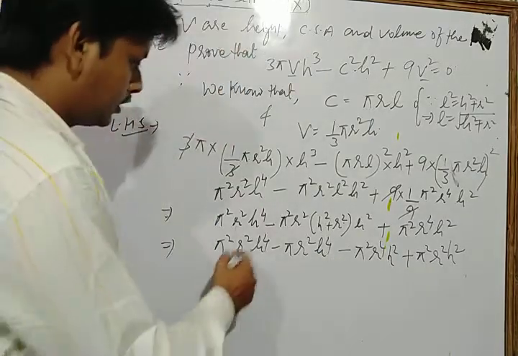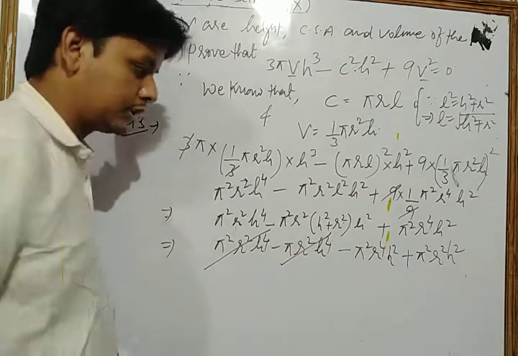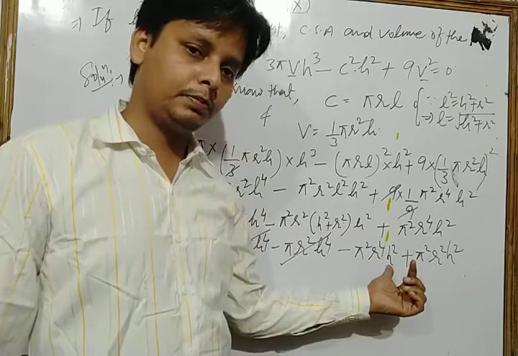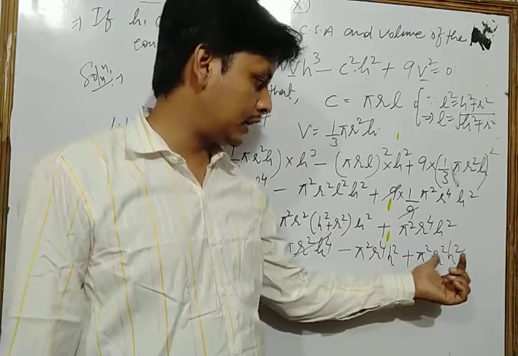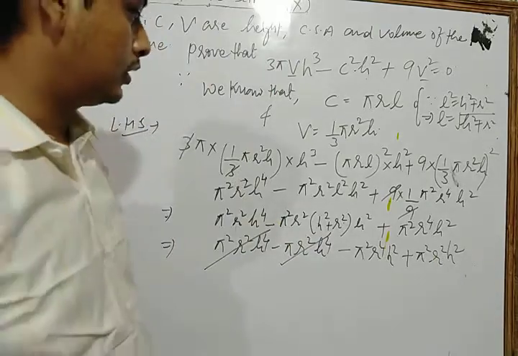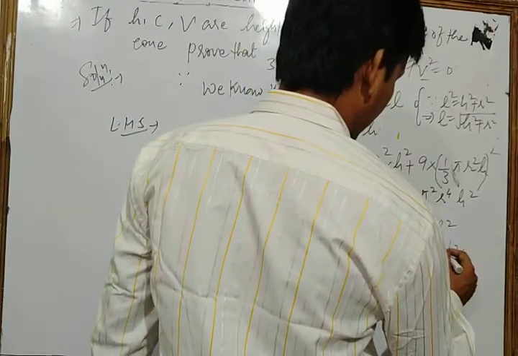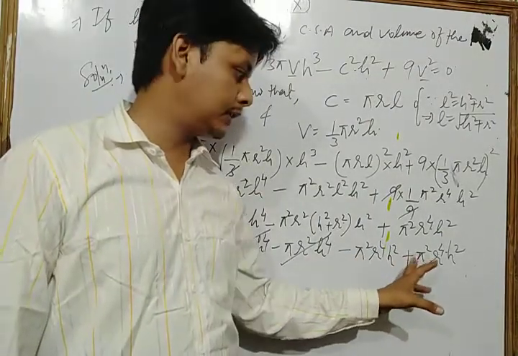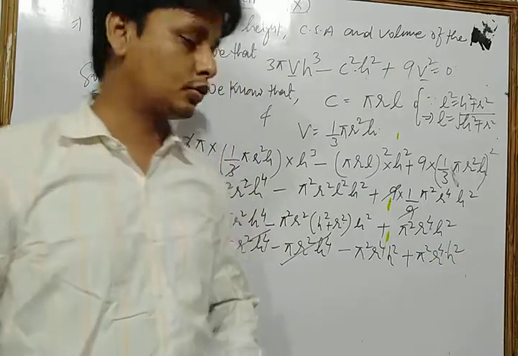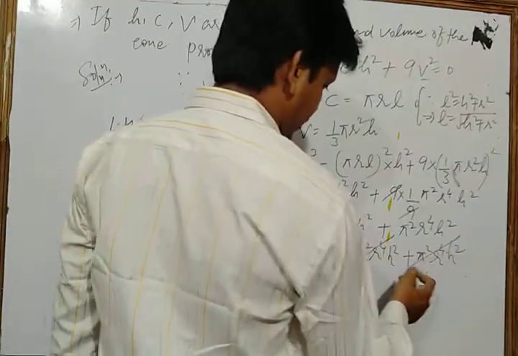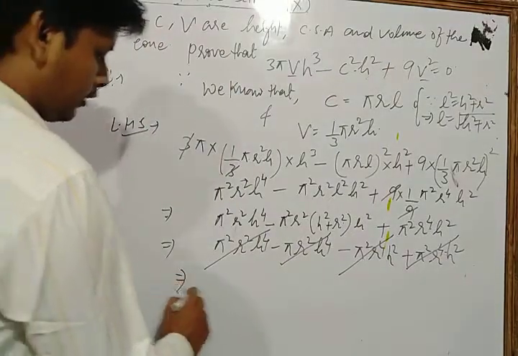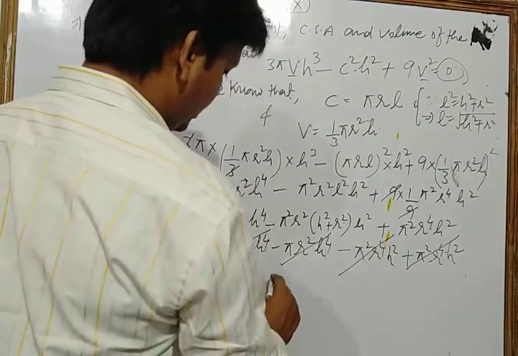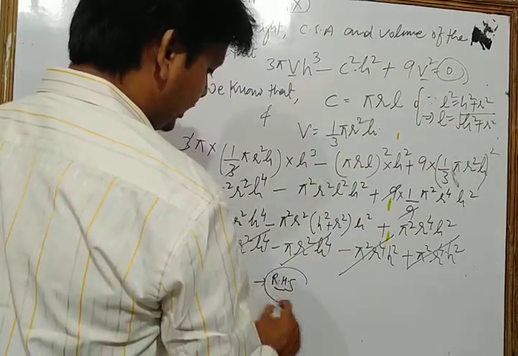So this part cancels each other, and the R to the power 4 H square terms also cancel each other. In this way we get 0, which is our right hand side, RHS. Hence proved.